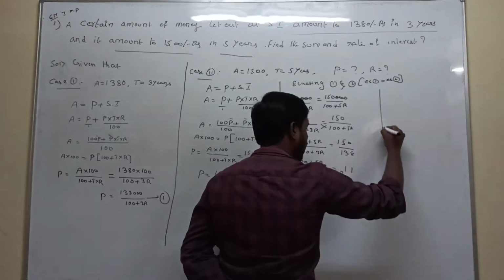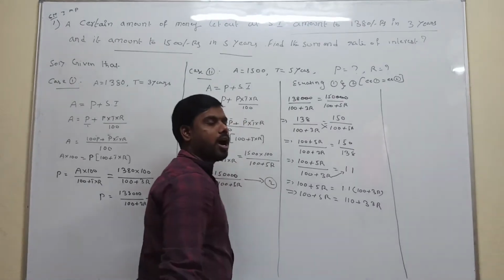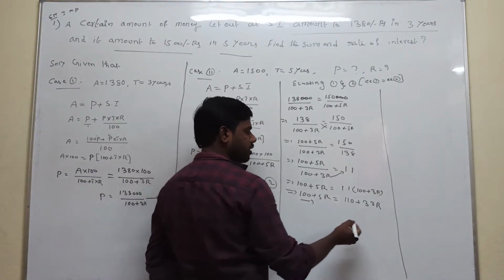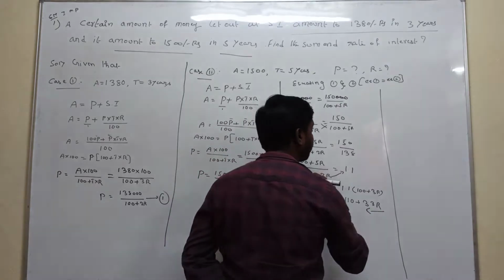Now we take the R variable to one side and the constant value to the other side. 100 is the constant, so take it to the right hand side, and 3.3R is the variable, so take it to the left hand side.